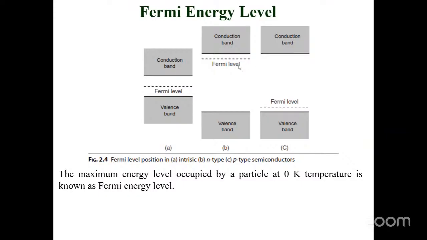That's why the Fermi level in a pure semiconductor is in the middle, for an n-type semiconductor it moves towards the conduction band, and for a p-type semiconductor it moves toward the valence band.